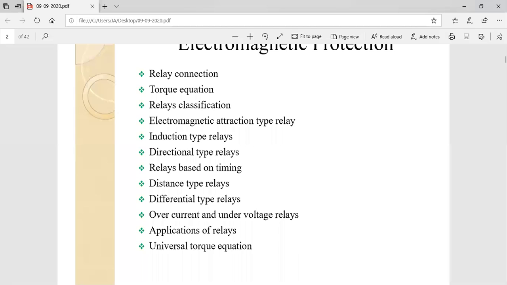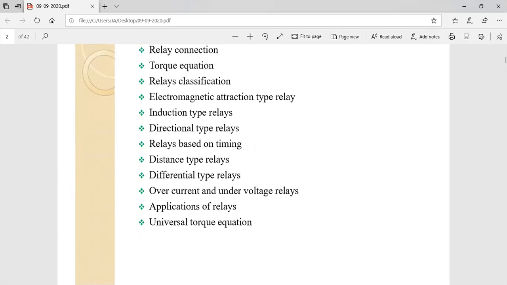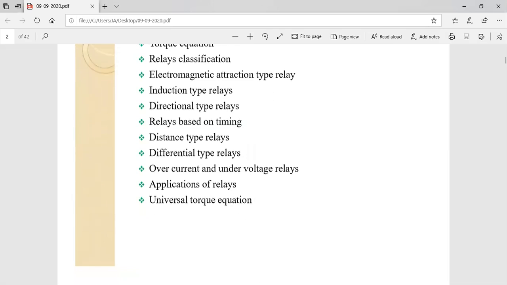The other name of reset time is dropout time, and we saw what a pickup current is, and also reset time. We have seen all these definitions along with some examples. So by keeping these elements in mind, we are going to the next topic.